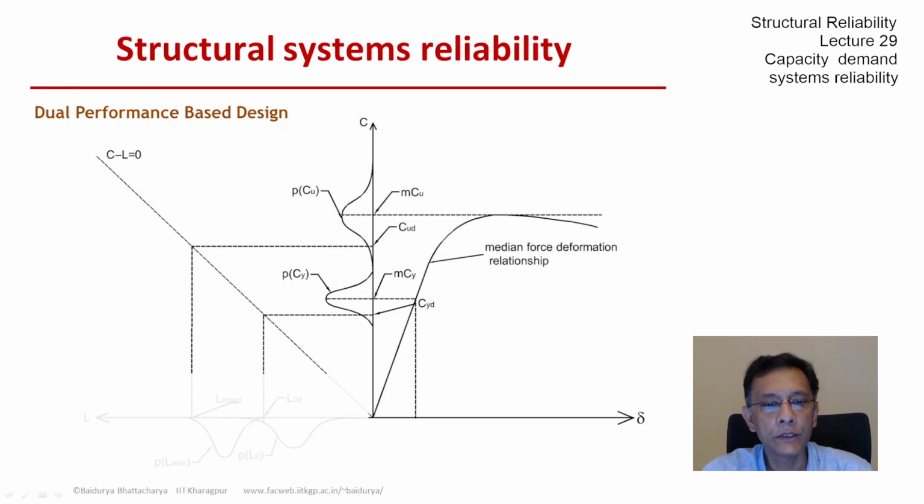On the right part, you see the C-delta relationship. We can think of delta as being a response, and C is some measure of capacity.